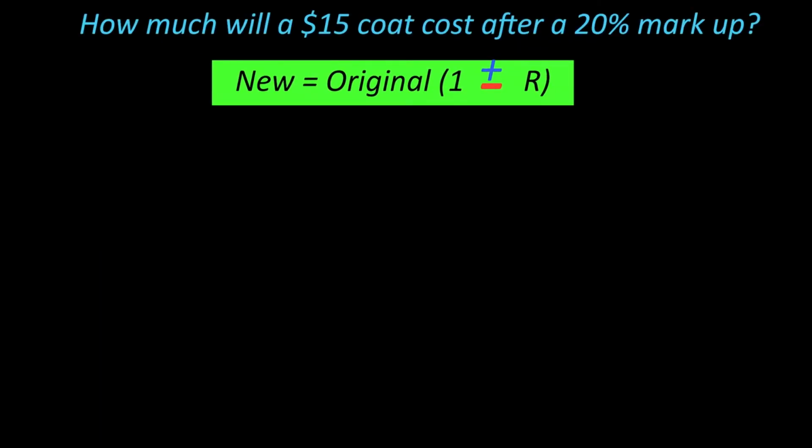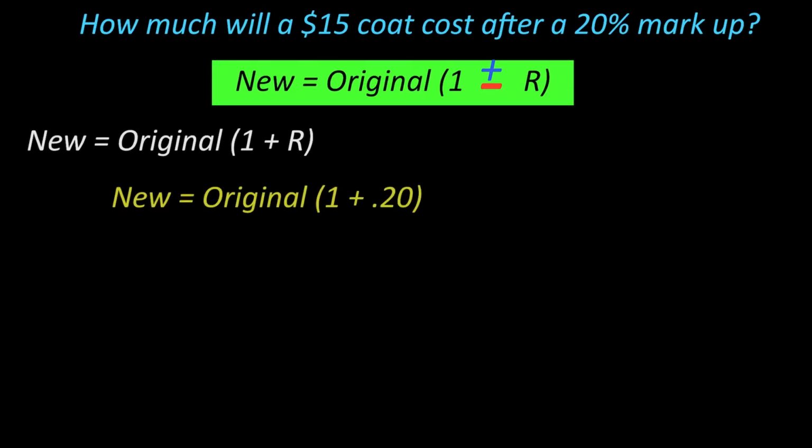This is the type of thing that becomes more clear when you do examples. Here's our first example. We have a $15 coat with a 20% markup. Our intuition tells us that we are going to have a final price that's going to be higher. Therefore, we use the version 1 plus r.